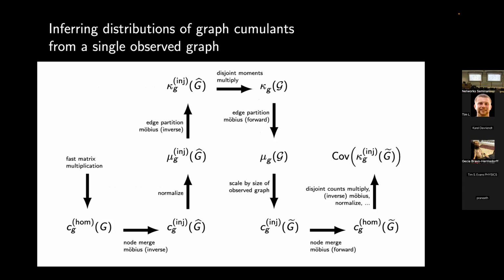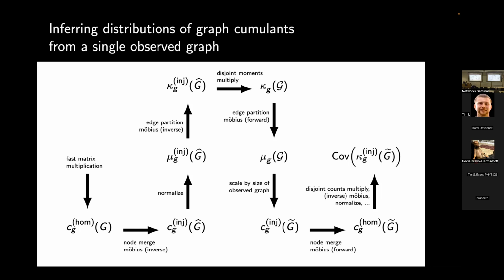For example, if you have a fixed number of nodes and you have the homomorphism counts, then you get the injective counts also. The nice thing is that the homomorphism counts you can get more easily with fast matrix multiplication. Then you can convert that to the injective ones, and this is what you use to estimate the moments, as I was saying. And then this also gives the estimator we use for estimating the cumulants.